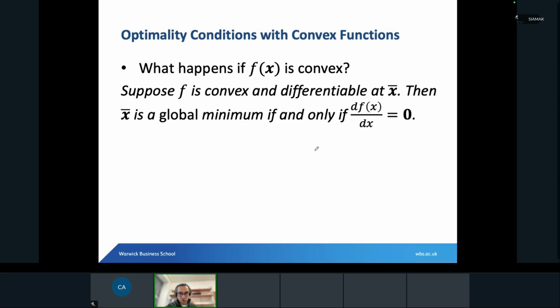So if I just draw this, we know that this is a convex function, right? And this is the reason that we learn the convexity of a function. If we know that a function is convex, we know that whenever the gradient is equal to 0, which is the slope of the function at this point, which means that the first derivative at this point is equal to 0, then the point that we have is our global optimum.